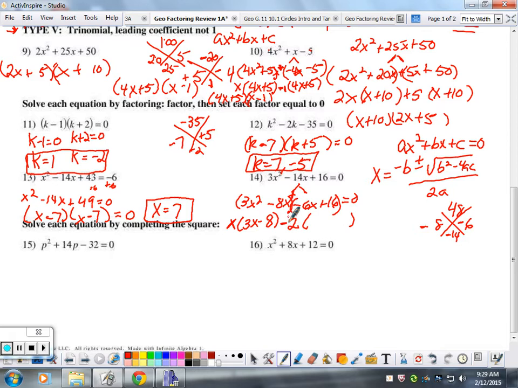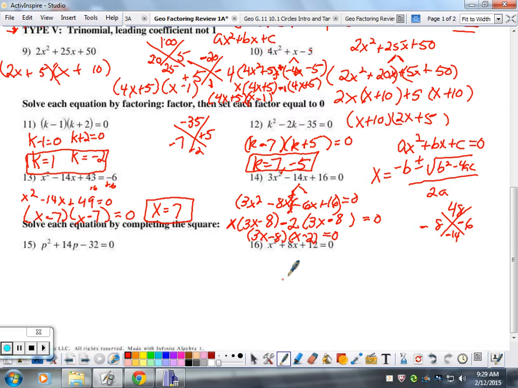So I'm dividing by negative 2. So it looks like a 3x, and 16 over negative 2, that's a negative 8. Happy day! Look, they're the same. So now I can factor: 3x minus 8 times x minus 2 equals 0.